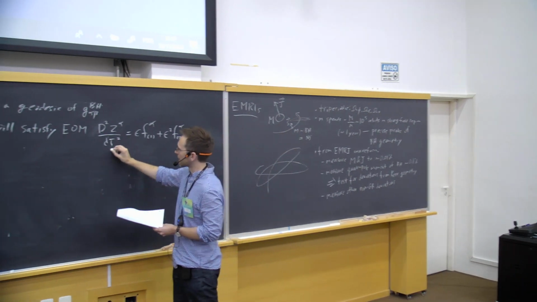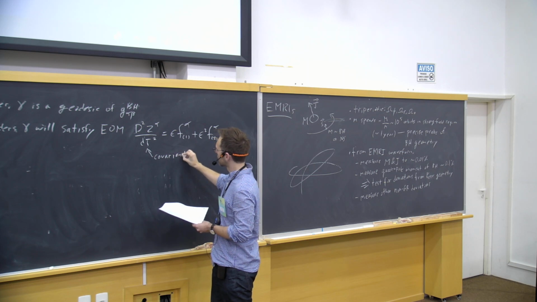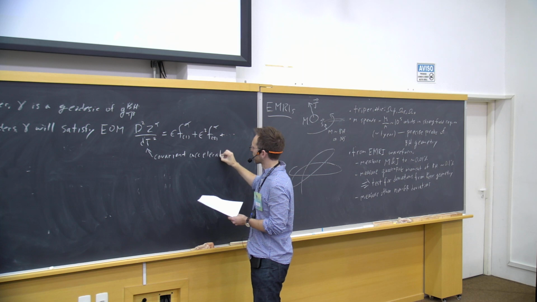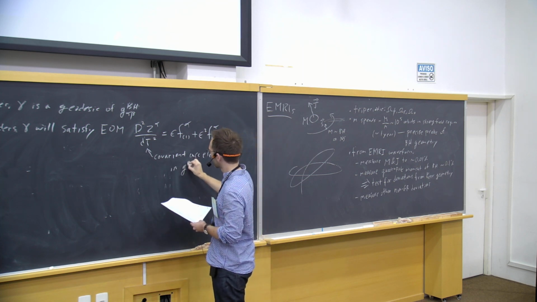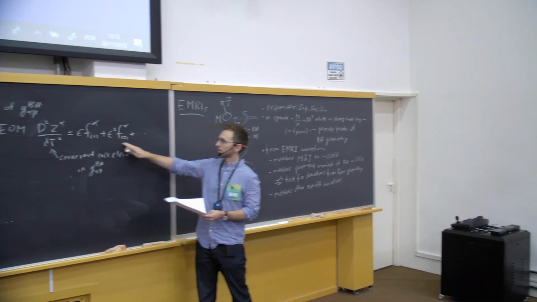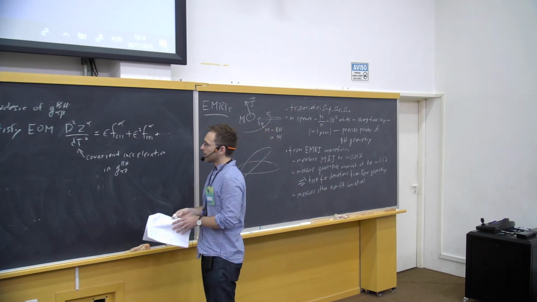So on the left-hand side here, this is the covariant acceleration in the black hole space-time. And everything on the right-hand side gets called a self-force.